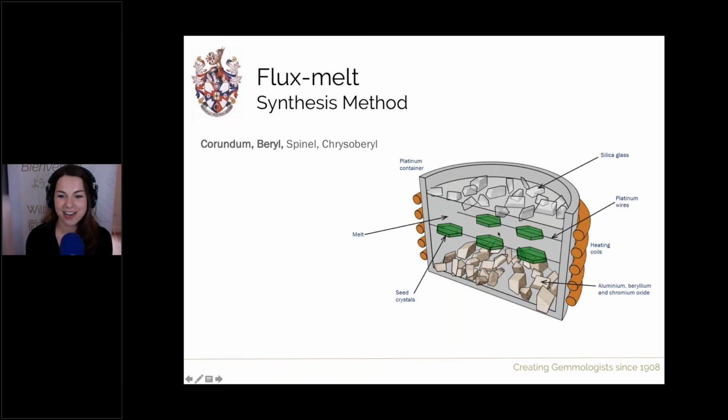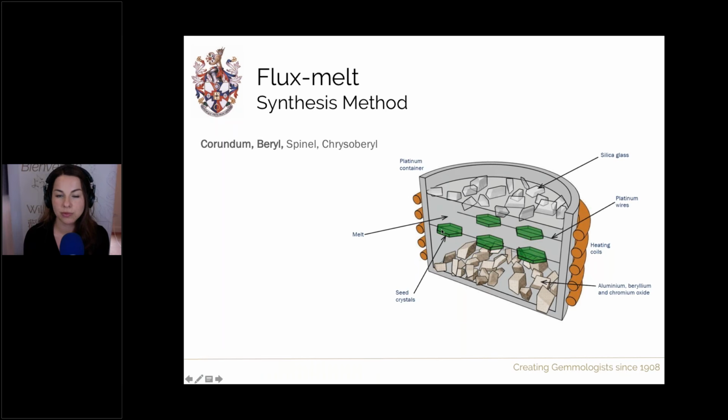So into the flux we put in feed material, which will vary depending on what gems we're growing. We will put lots of feed material and let it dissolve into the flux until it forms a solution. And then once we have a solution, we drop the temperature of the flux, which allows the solution to become supersaturated. And when something's supersaturated, that's when crystallization can occur.